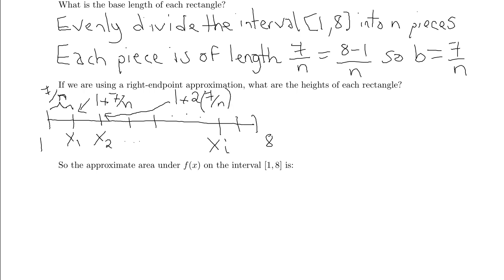So if I wanted to get to xi, I'm going to have to go 1 plus i 7 over n's. So this is 1 plus i times 7 over n.